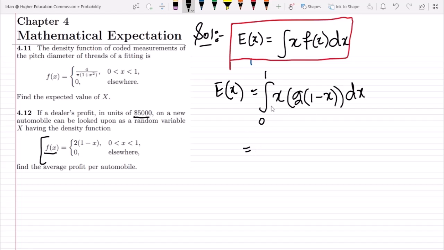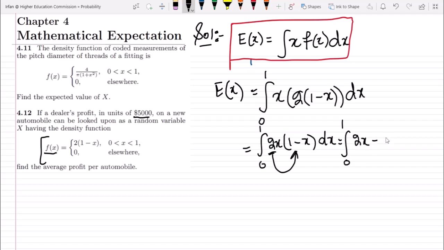Let me multiply these terms inside. What will I get here? The integral from 0 to 1 of 2x times 1 minus x dx, or multiplying inside, the integral from 0 to 1 of 2x minus 2x square dx.